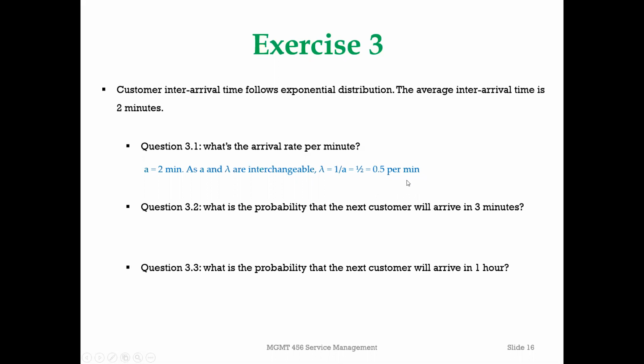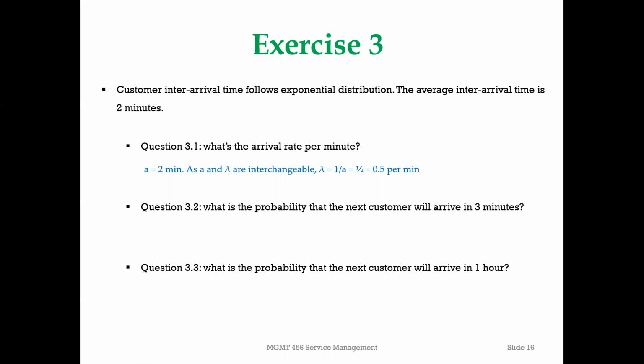Next, question 3.2. What is the probability that the next customer will arrive in 3 minutes? Talking about probability, we only have two possible distributions, either exponential or Poisson. The next customer arriving in 3 minutes basically means the inter-arrival time between this customer and the next customer will be less than 3 minutes.